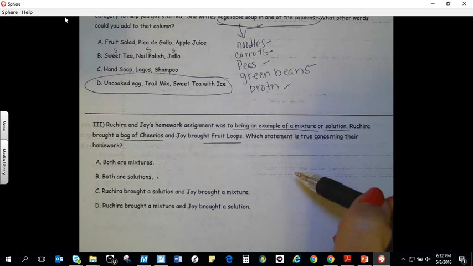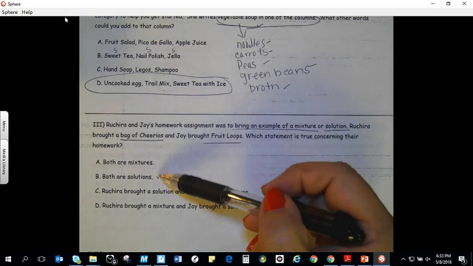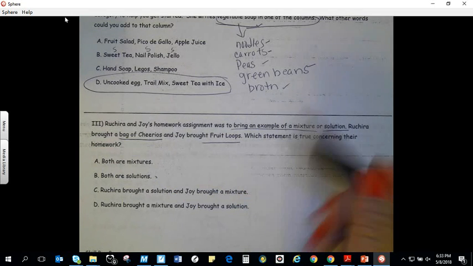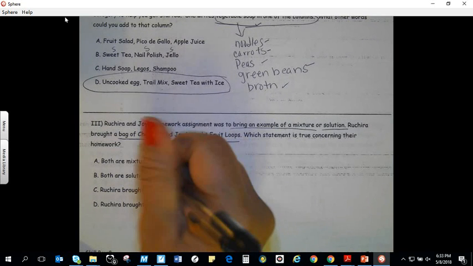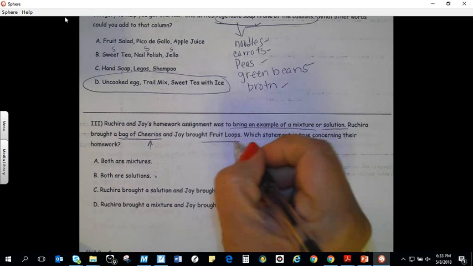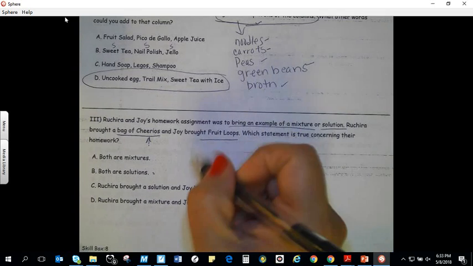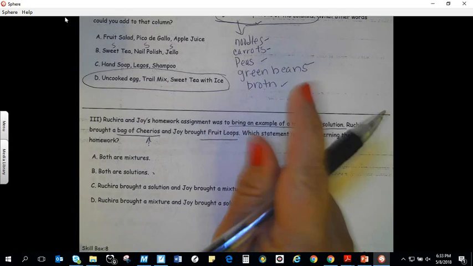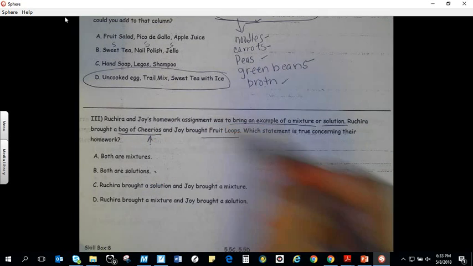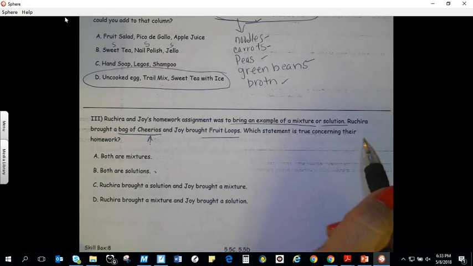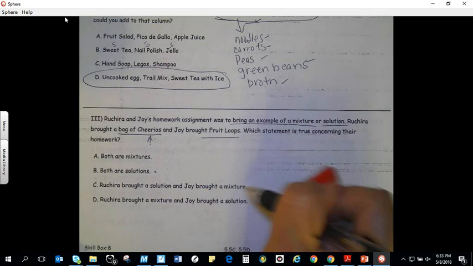Cheerios and Fruit Loops have the different flavored loops in there, so that would be a mixture, because we can separate those by colors. So Ruchita brought a solution and Joy brought a mixture.